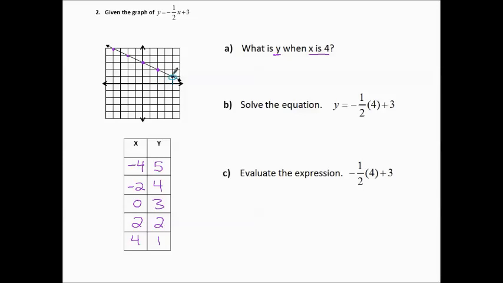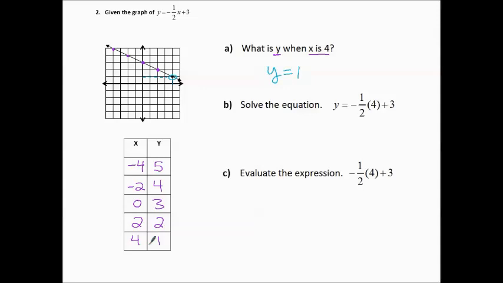And there's that point when x is 4. My y, I come over here. My y value is 1. I can confirm that on my table too. When x is 4, I find x and I go down: 4, y is 1.